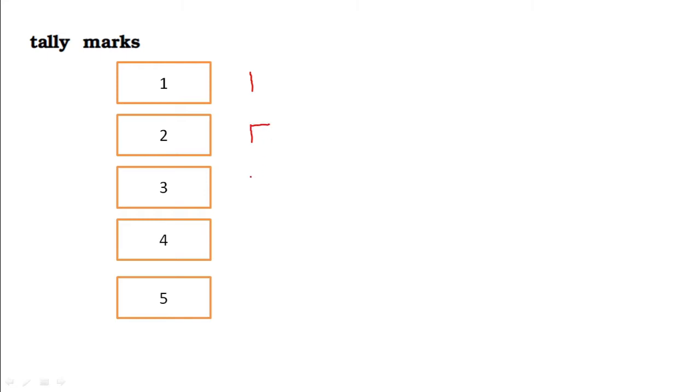For 3, 1, 2, 3. For 4, 1, 2, 3 and 4. Now 1, 2, 3, 4, 5. So in tally marks we represent 1 like this, 2 like this, 3 like this, 4 like this, 5 like this.